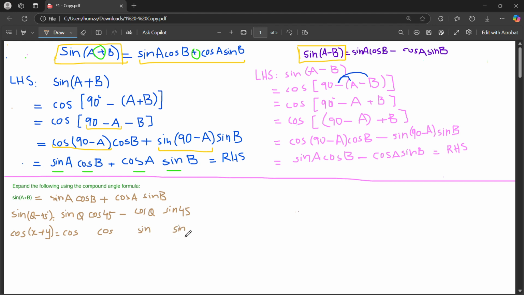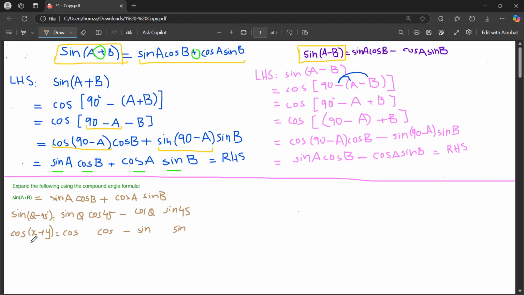Now look at the sign in the bracket. This is positive. In the cos, we say whatever is there in the brackets, we are going to change that into the opposite sign. So if there is a positive sign in the bracket, we are going to choose the negative sign in the expanded form, and if there is a negative sign in the bracket, we are going to use the positive sign in the expanded form.